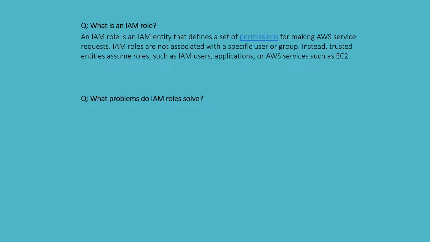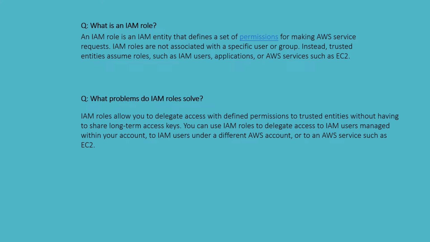What problem do IAM roles solve? IAM roles allow you to delegate access with defined permissions to trusted entities without having to share long-term access keys. You can use IAM roles to delegate access to IAM users managed within your account, to IAM users under different AWS accounts, or to AWS services such as EC2.